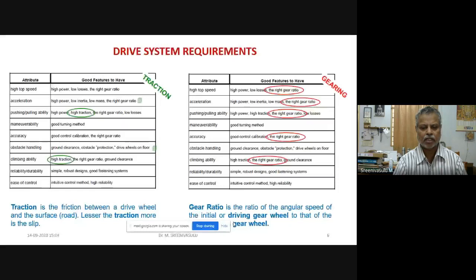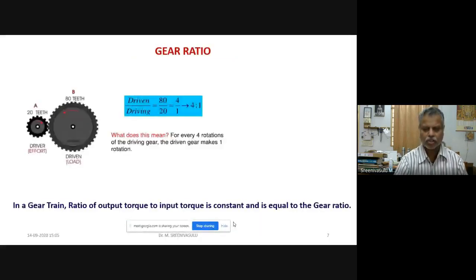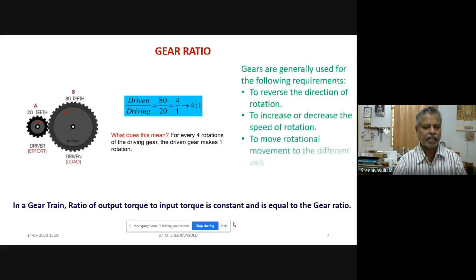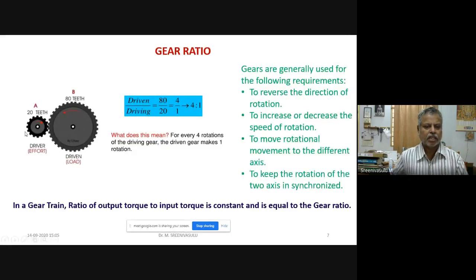Gear ratio, anyway, you know. This particular slide is going to give you an idea on the gear ratio. It's going to be a recall. Here A is the driver and B is the driven. Since A is the driver, it is made to rotate at higher speed.